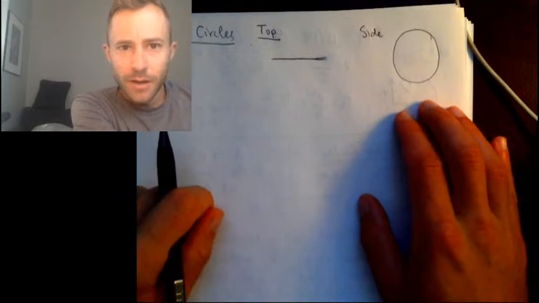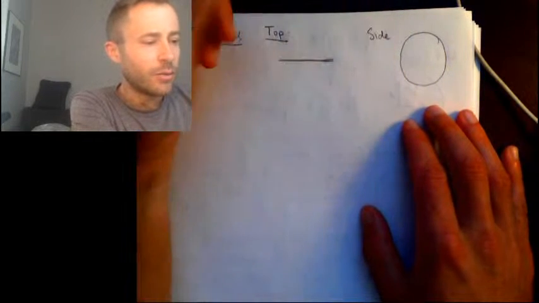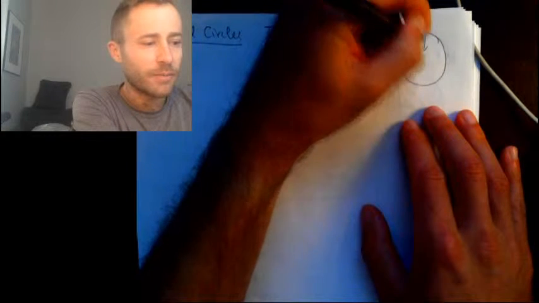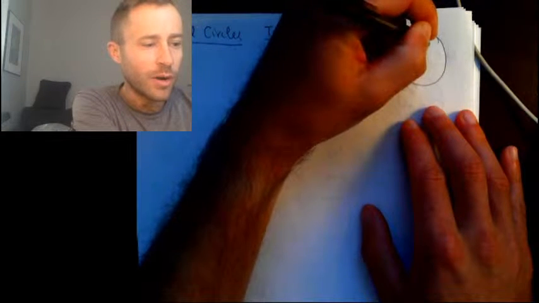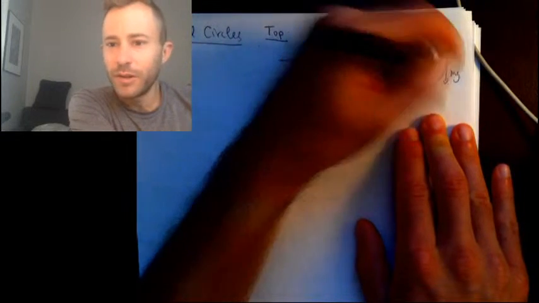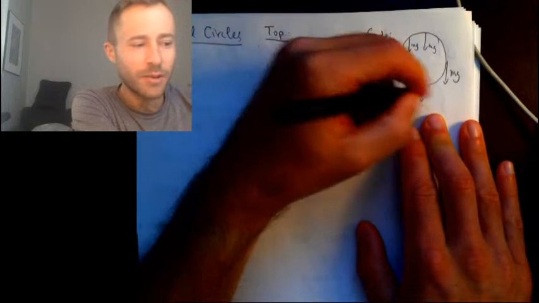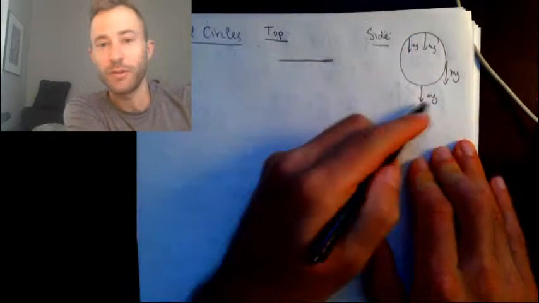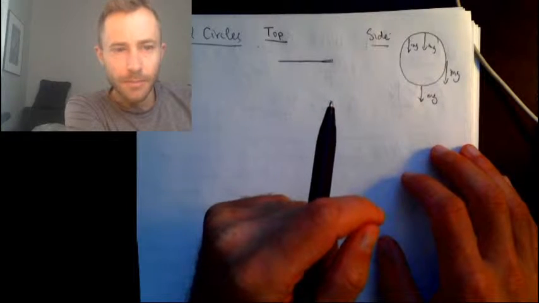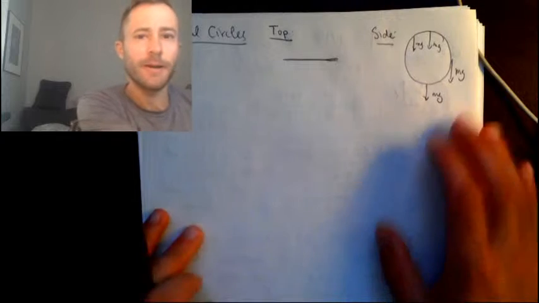Now, what makes vertical circles more tricky is that we're looking at it from the side. Gravity always points downward. So no matter where you are in the circle, gravity points downward. So when you're at the bottom of the circle, gravity is actually a centrifugal force. So this makes it more complicated.